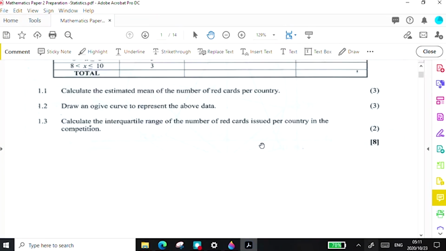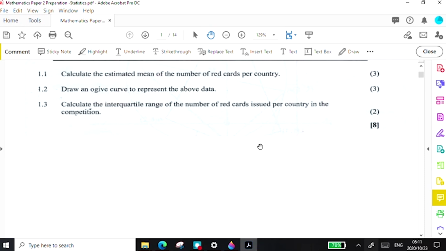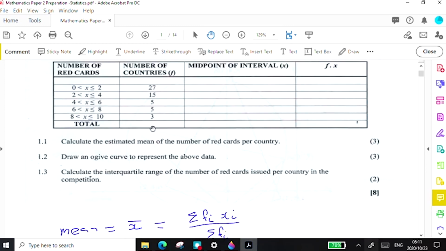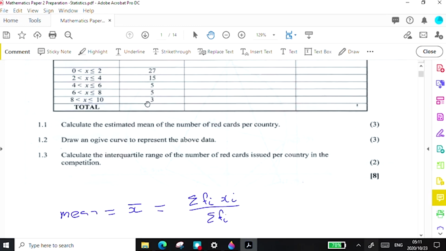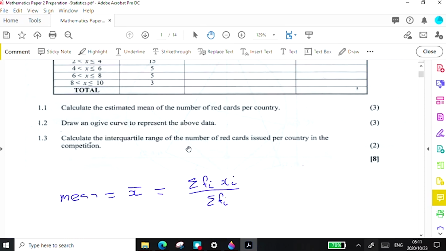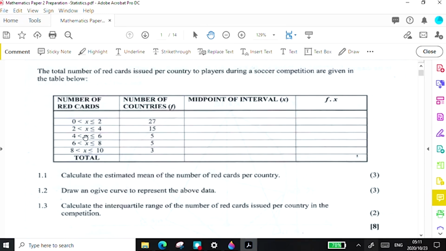The mean is sometimes denoted as x bar, which is the sum of the fi times xi divided by the sum of the fi, where the sum of the fi is the total number of red cards, and the xi are just the midpoints of the interval.